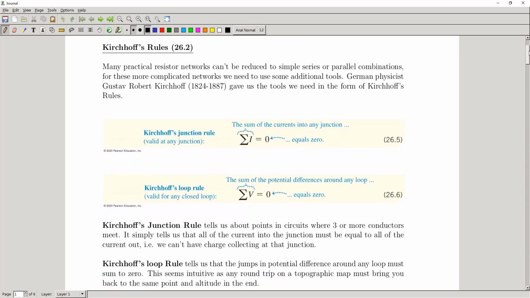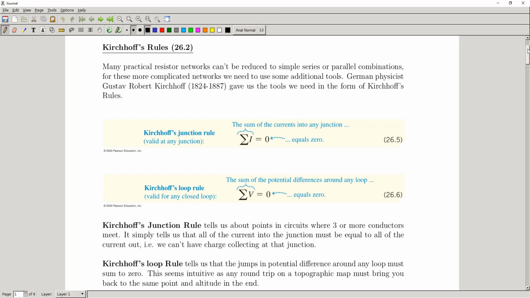So we start off by thinking about, how do we handle networks that are more complicated than the ones that we've looked at already? We're going to run into a number of systems where we have resistors set up in networks where it's not so simple to break it down into just simple series or parallel combinations.